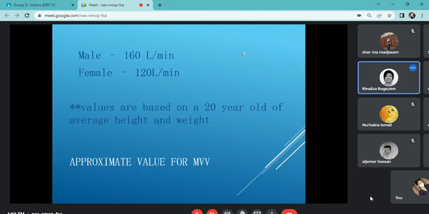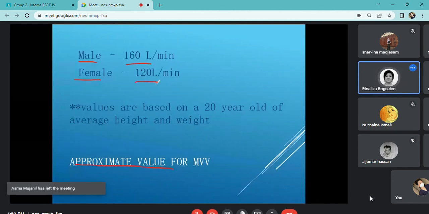Questions? None? Okay. Approximate value for your MVV: in males it is higher, 160 liters per minute. Female, 120 liters per minute. Again, these values are based on a 20-year-old Caucasian male with average height and average weight.